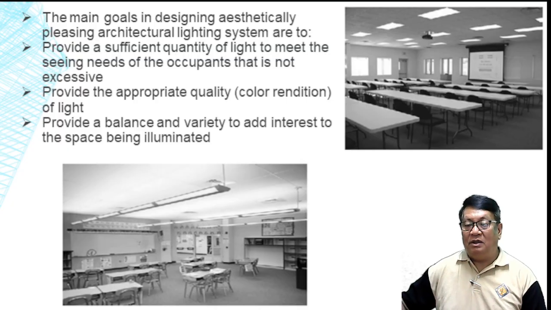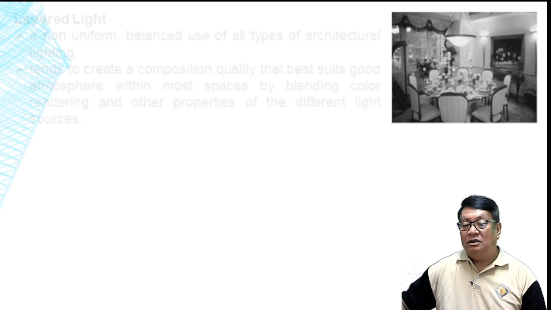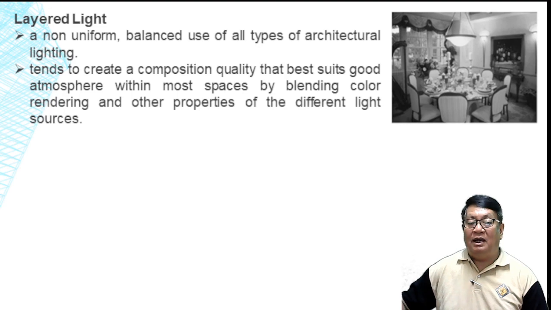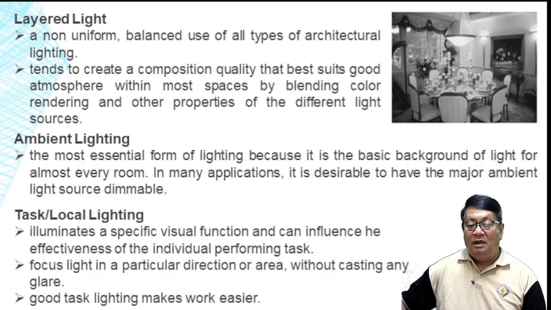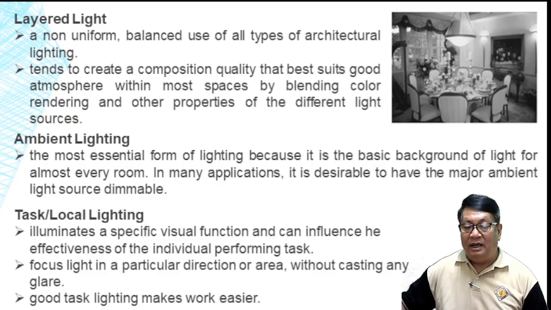Provide a sufficient quantity of light to meet the seeing needs of the occupants that is not excessive. Okay. So we have this layered light and non-uniform balanced use of types of architectural lighting tends to create. We have also the ambient lighting system and the task local lighting.